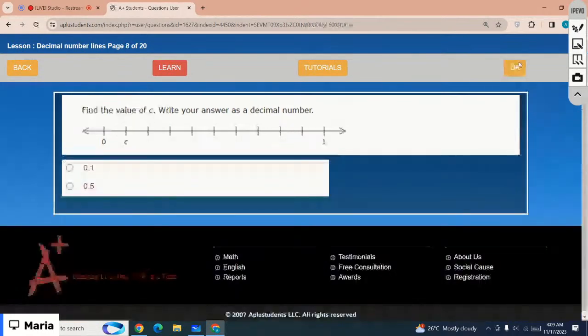Okay, find the value of c. Write your answer as a decimal number. So c equals, yes, that is 0.1, right?